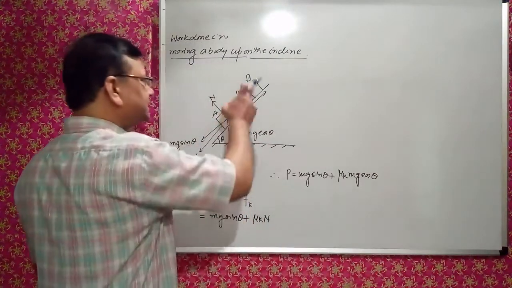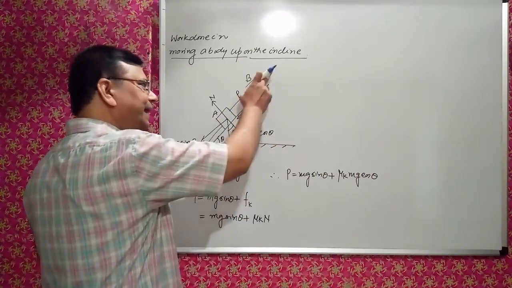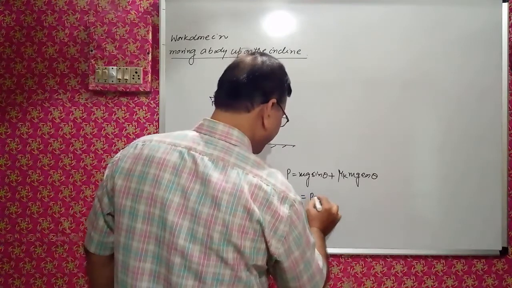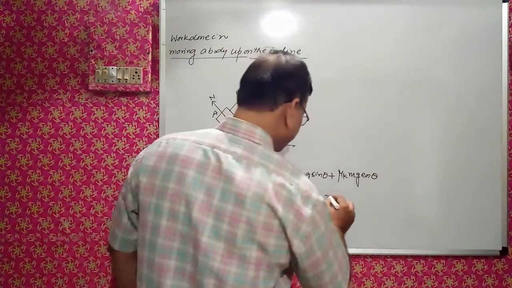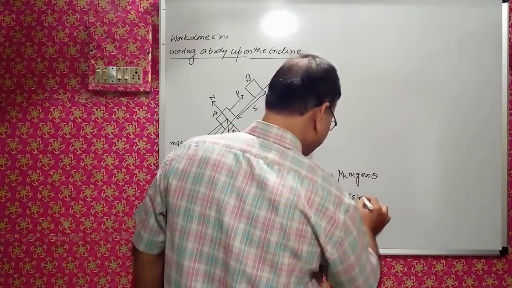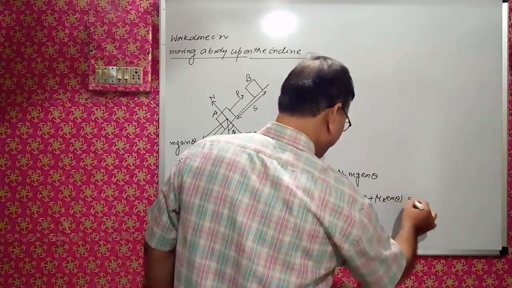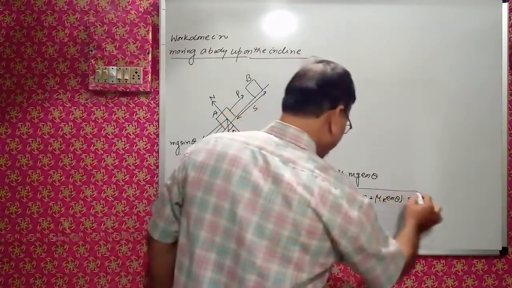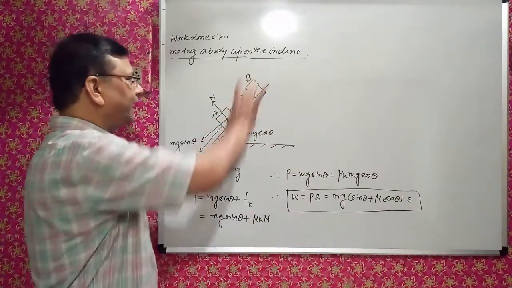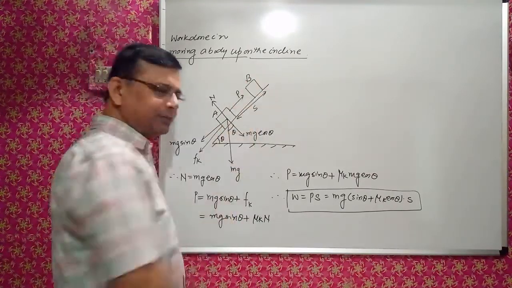So this much force is acting in upward direction and displacement is S along the direction of force. Therefore, work done is equal to P S. We can take mg common, that is mg into sine theta plus mu k cos theta into S. This is the work done by the force P when the object moves along the incline in upward direction, right?